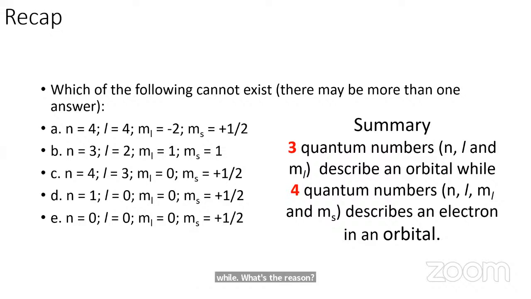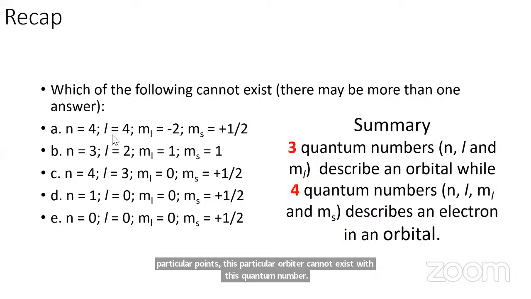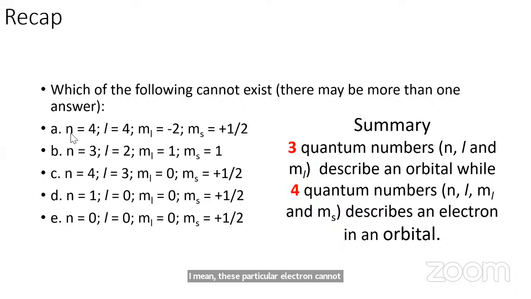Because L equals N minus 1. Good. Because L equals N minus 1, and our N is 4, 4 minus 1 is not 4. Because we have L equal to 4 here, this electron cannot exist in this orbital with this quantum number describing it. Our L cannot be equal to 4 since N is equal to 4.